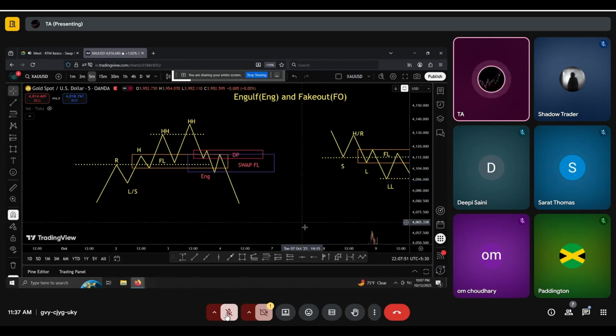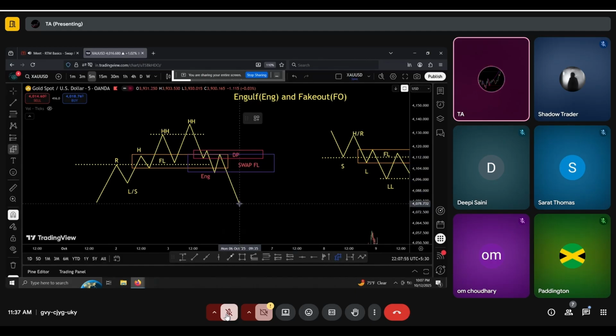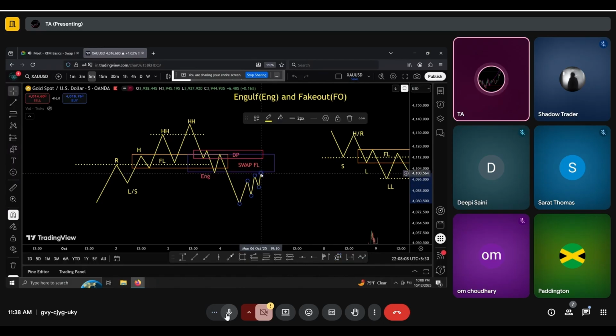Suppose price has come here. What will it do? It will create in the form of a can like this. Price will go like this, like this, like this. Right? Do you see this? In classical technical analysis, what do we call this? Price is creating what?